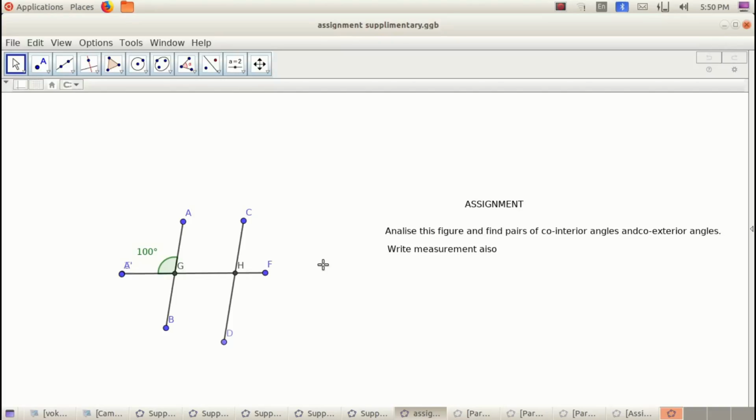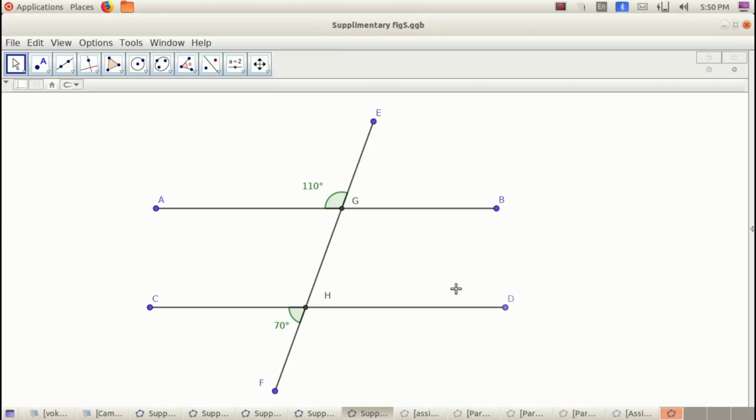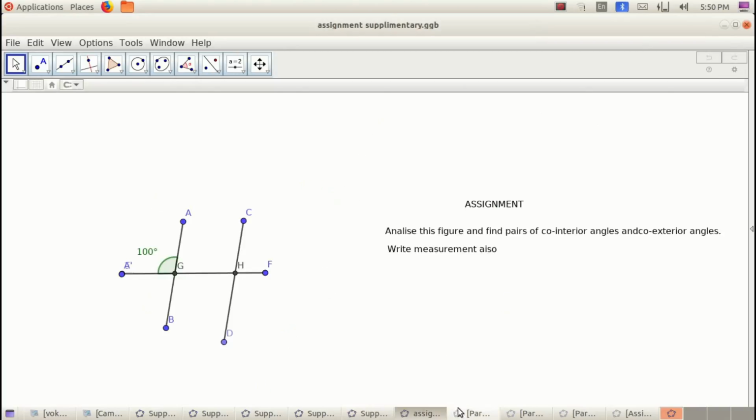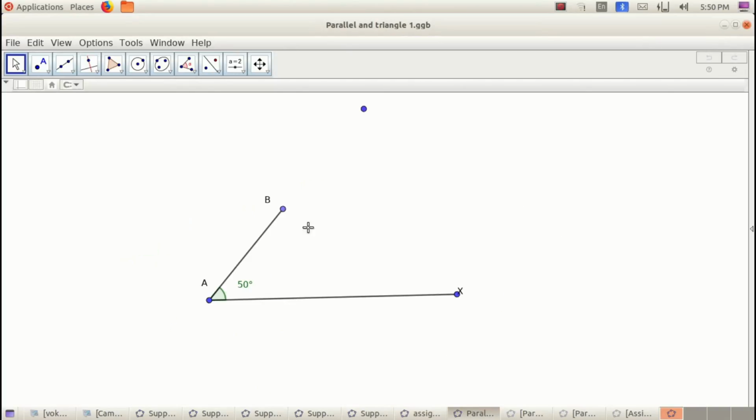And we studied earlier in the class the sum of the three angles of a triangle is 180. Here in this class we are trying to prove how a triangle's angles become 180.